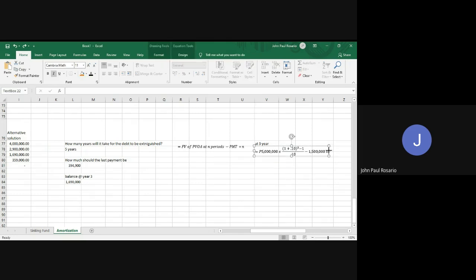Hindi ko siya masubukan. No, it's not it. Wait lang. Very wrong. 1.0. Minus 1.